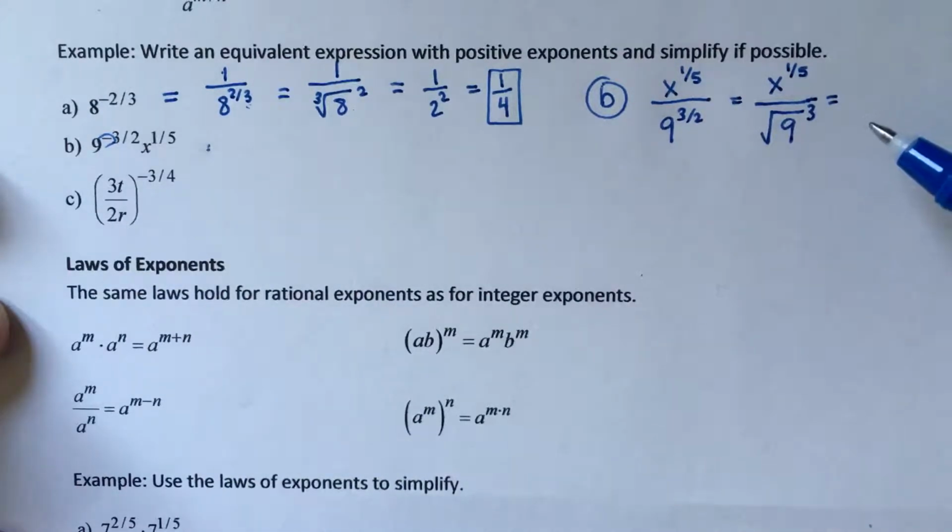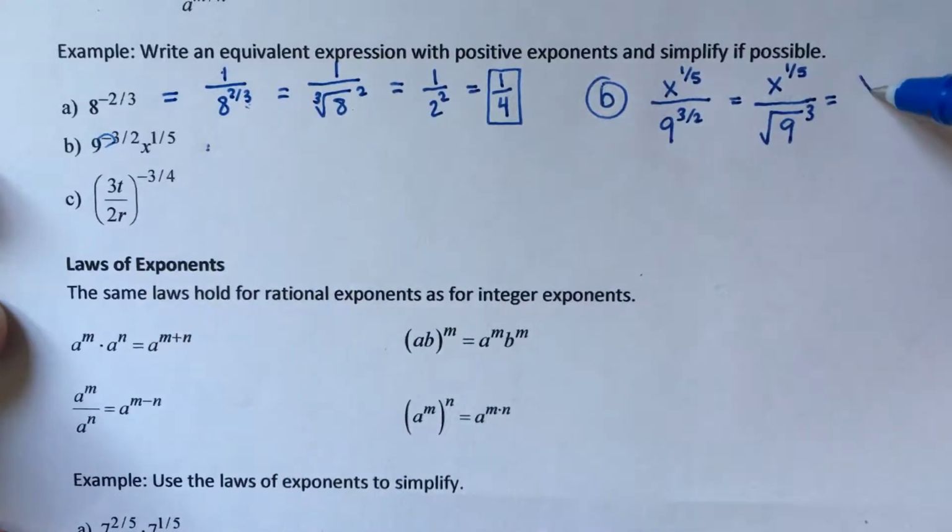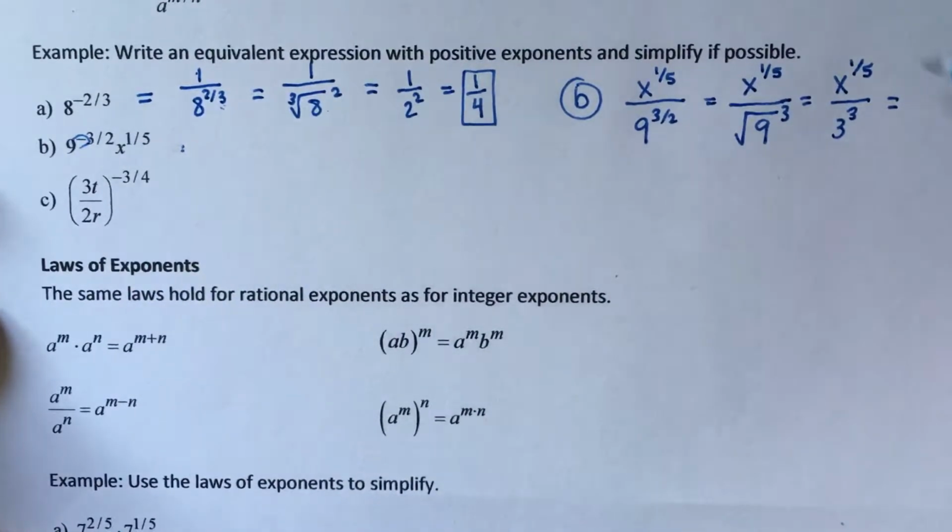So it's the square root of 9, and then the 3 in the top makes it cubed after we do the square root. So it's x to the 1/5 over 3 cubed, which is the 5th root of x, or x to the 1/5 over 27.